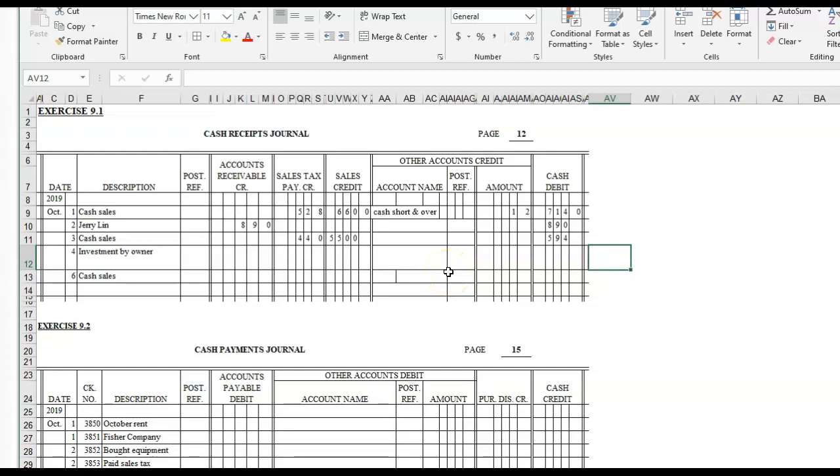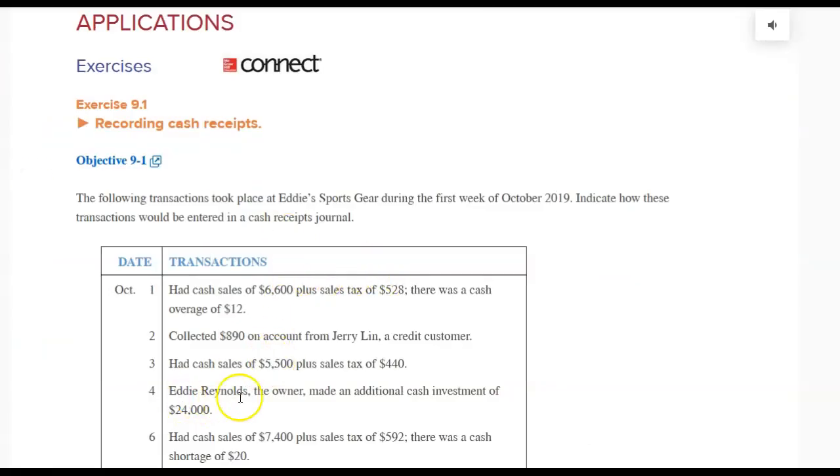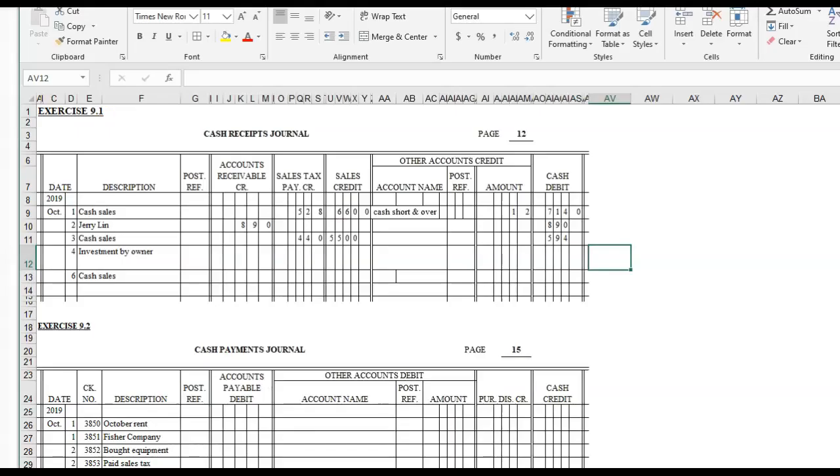Investment by owner. Obviously, the owner put an investment in there. Let's see. Eddie Reynolds, the owner, made an additional cash investment of $24,000. Okay, so you'll see that his capital is going to go up, and his capital is the credit account. So it's going to have to go under other accounts credit, and then the cash debit. So that goes under the capital account.